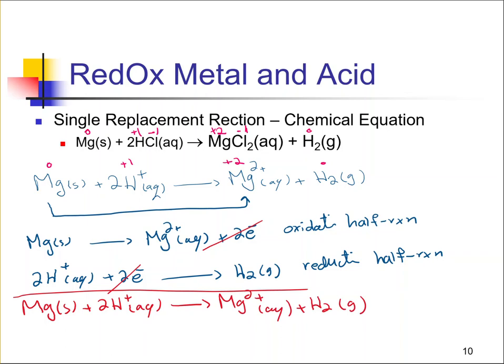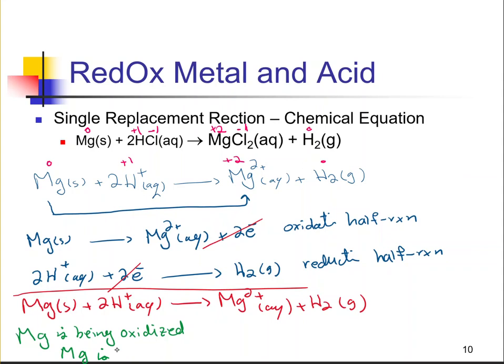Now in here, magnesium is going from 0 to positive 2, so magnesium is being oxidized. And since magnesium is being oxidized, magnesium is the reducing agent.